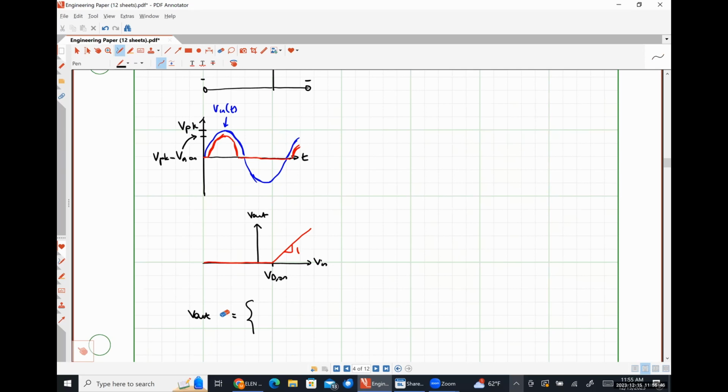It's really going to be a function of V in. V out is going to be 0 volts for V in less than VD on. And our output will be V in minus VD on for V in greater than or equal to VD on.